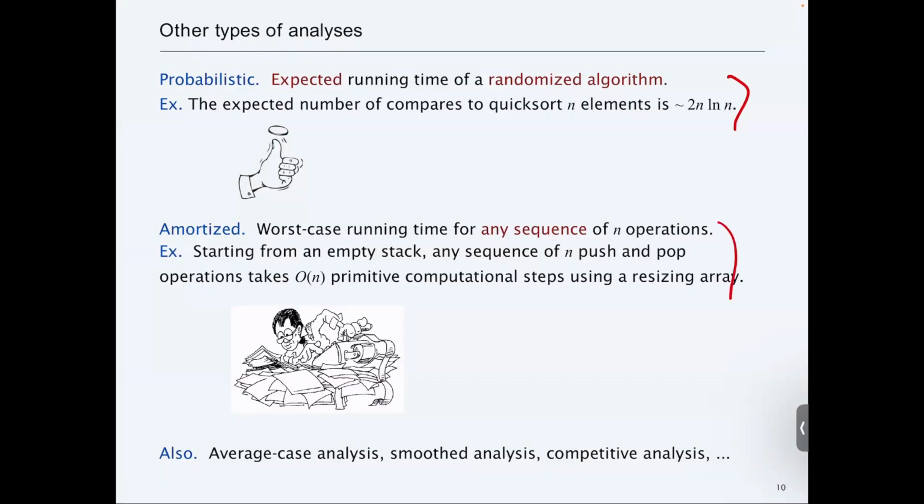Another important type of analysis is what we call amortized analysis. Amortized analysis is going to study the average cost across a sequence of operations. A very classic example of amortized analysis is a dynamic array. Think about pushing elements onto a stack, and that stack is backed by an array. When your stack has a size of 10 and a capacity of 10, and you try to push the 11th element, what happens?